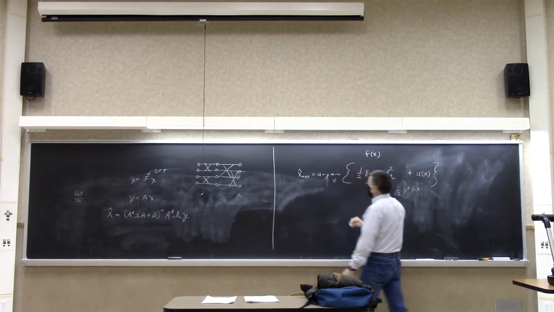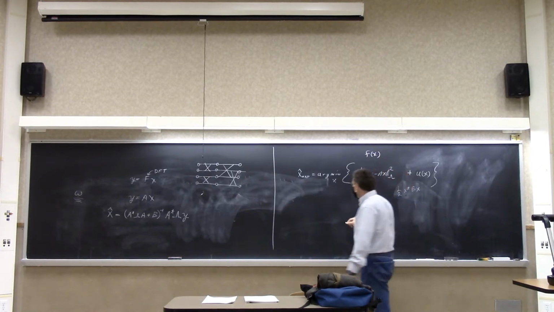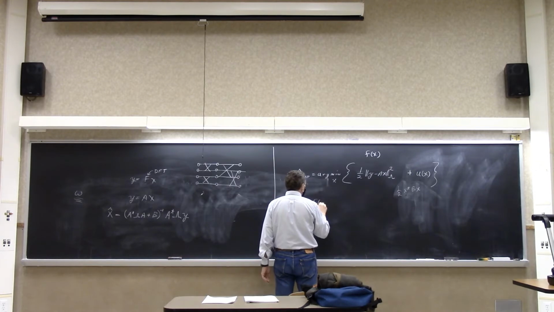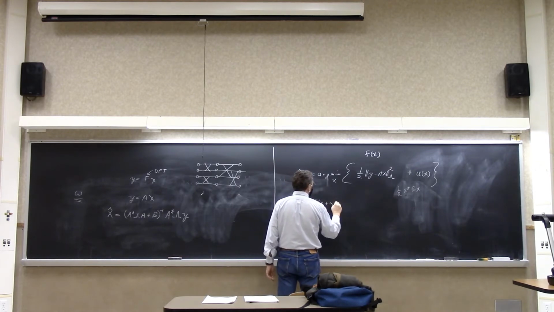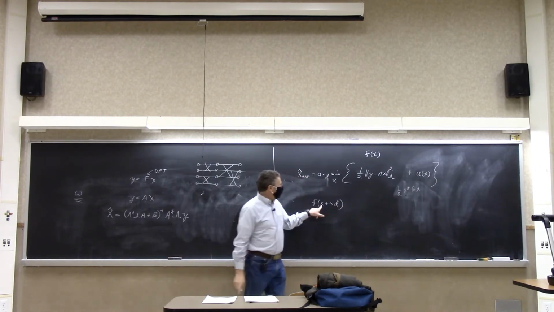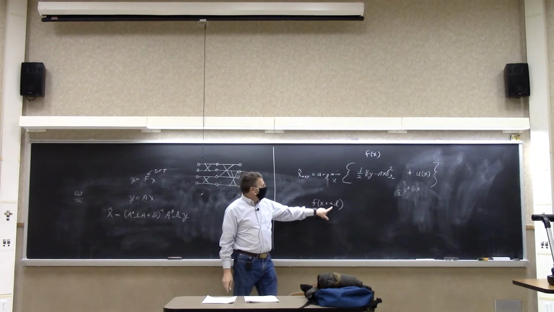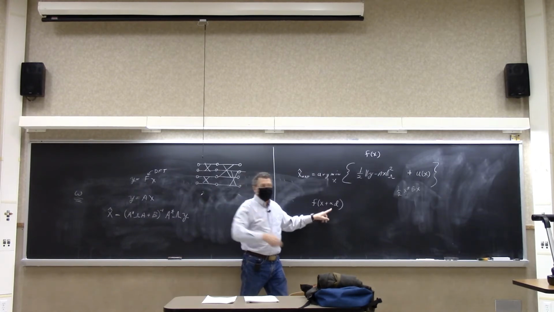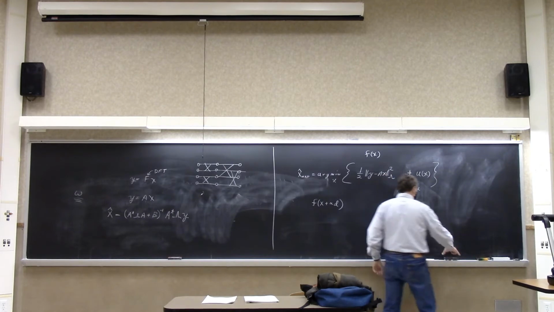Then you have f of x plus alpha d. So x is your current point, d is the direction you're going in, and alpha is the knob you're turning to control how far you go, right? So the picture is like this.